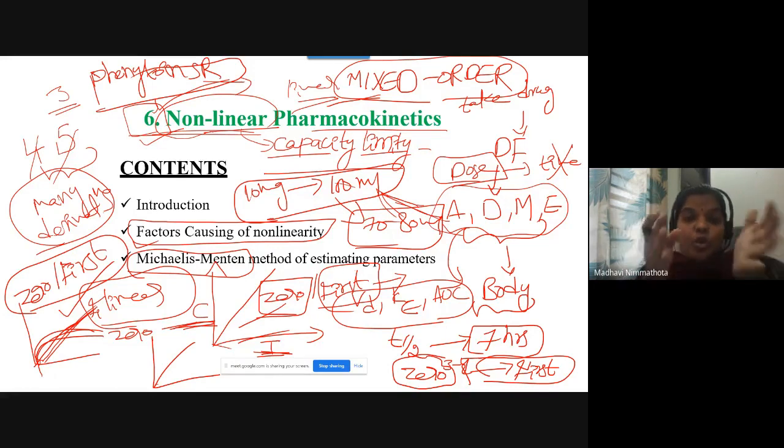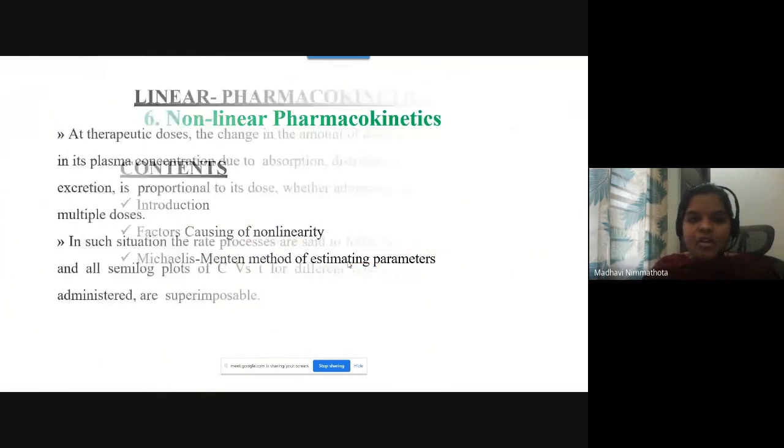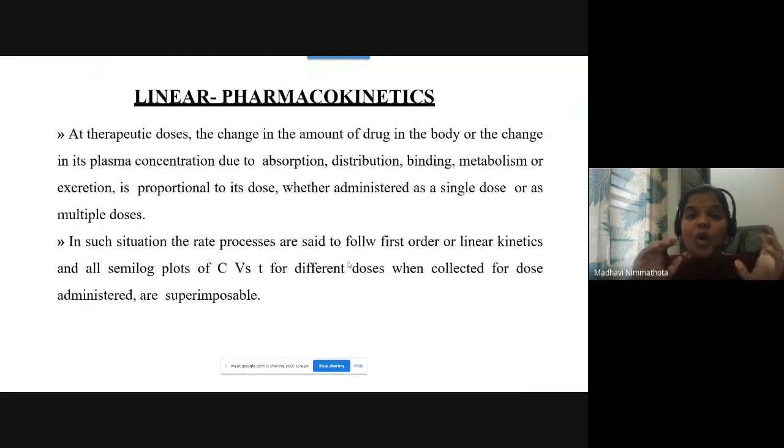For drugs following nonlinear pharmacokinetics, we can derive the pharmacokinetics with the Michaelis-Menten method. In this class, I am going to tell you about the nonlinear pharmacokinetics introduction and the causes of nonlinearity.